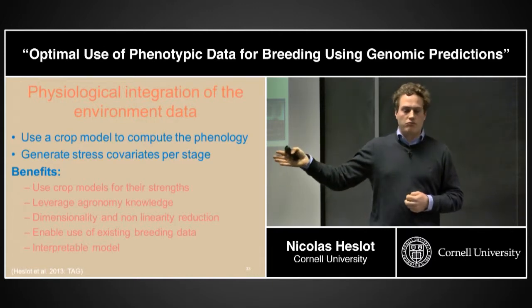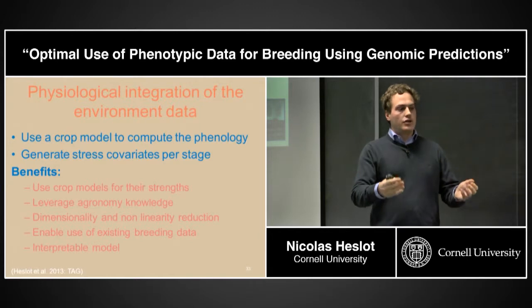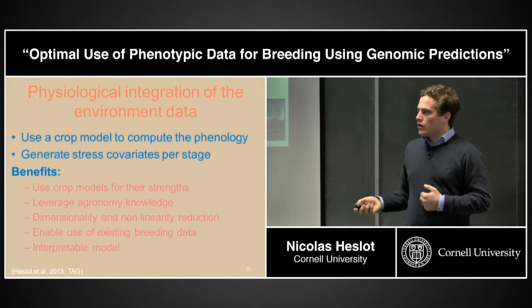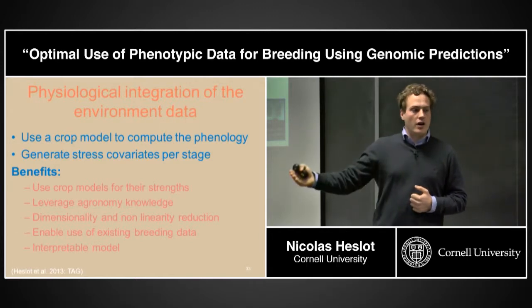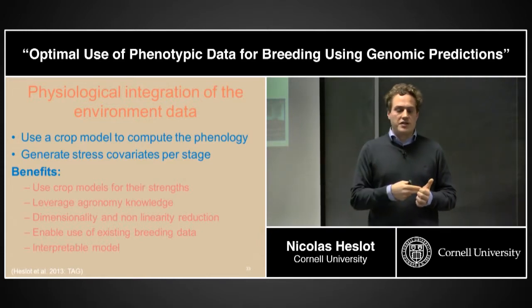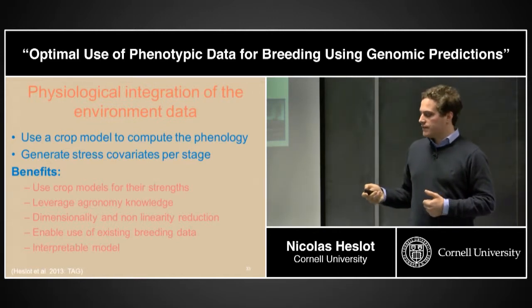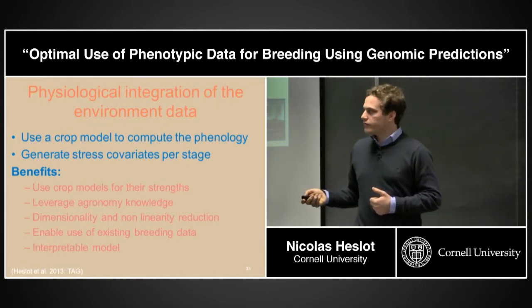We just need environment data for each trial and probably a planting date to fit the crop model. And also because the model is grounded in agronomy knowledge, we can actually interpret and make inference about which stresses are important and maybe talk a bit more about the biology of GBE and stress response.